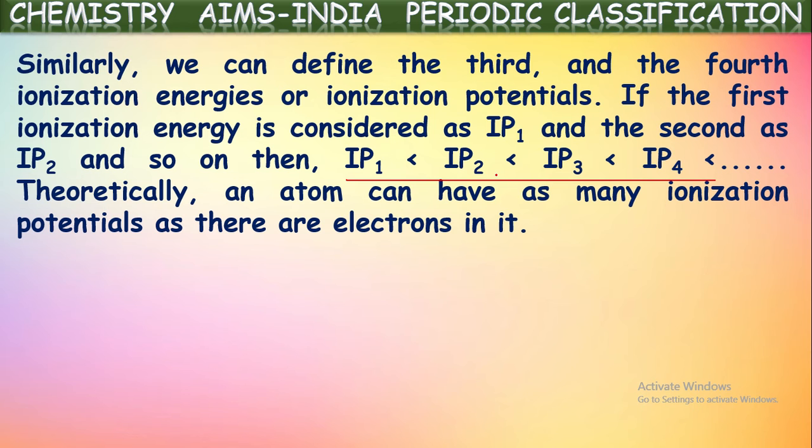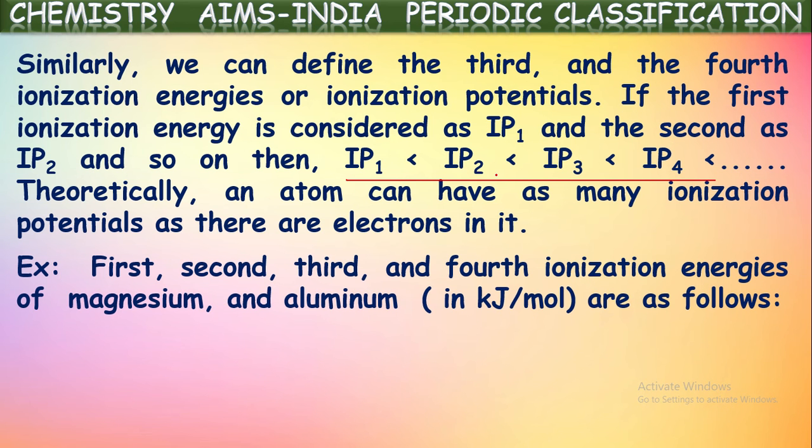Hence, nuclear charge will be more on the remaining electrons. So the removal of the second electron becomes a little difficult from that unipositive ion and hence requires a greater amount of energy. That's why we say the second ionization potential is always greater than the first, and the third is always greater than the second, and so on.